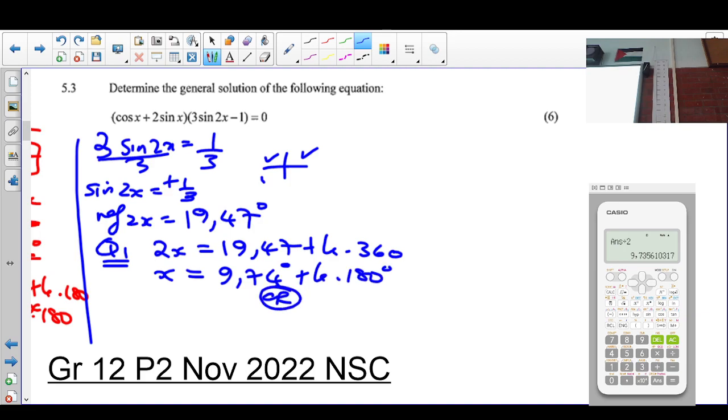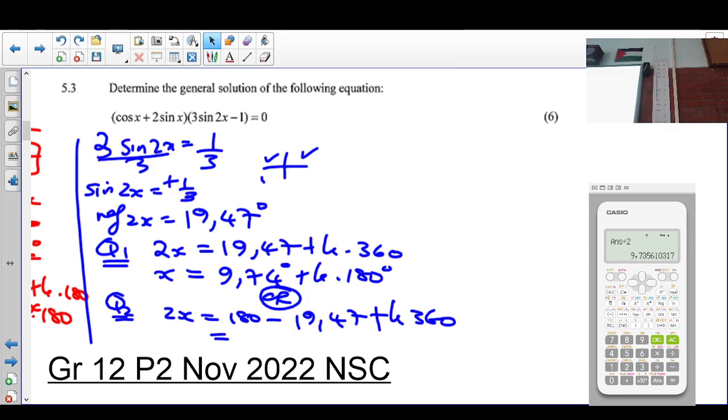Quadrant 2, how do we get in quadrant 2? It's 180 minus 19,47 plus k times 360. So that simply gives us 180 minus 19,47 divided by 2.